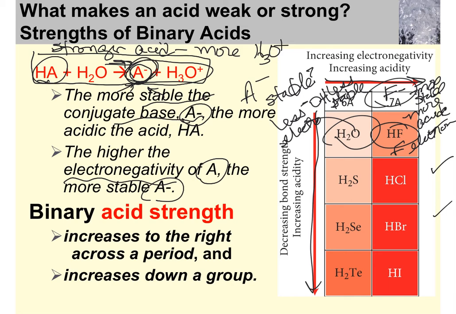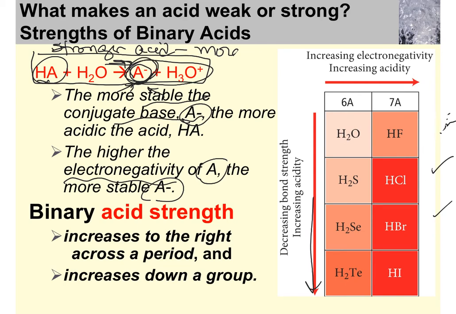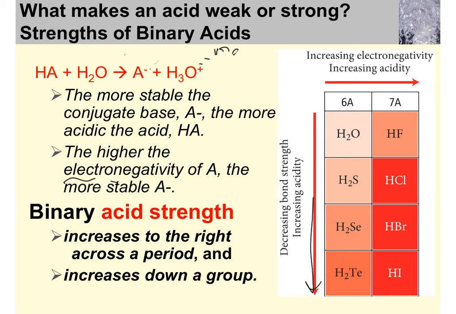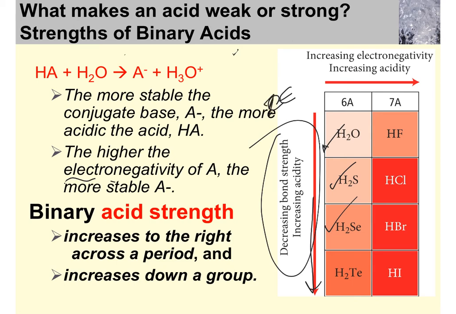Now, what's interesting, okay, so you're going to have to listen to this. This is probably going to blow you away. Let me erase all this junk. All right. So if electronegativity were the only factor we had to consider, then look at going down a group and tell me what you think the acidity would be if you compare, let's say, water to H2S, H2Se, etc. Well, you know that the electronegativity is decreasing going down a group, right?